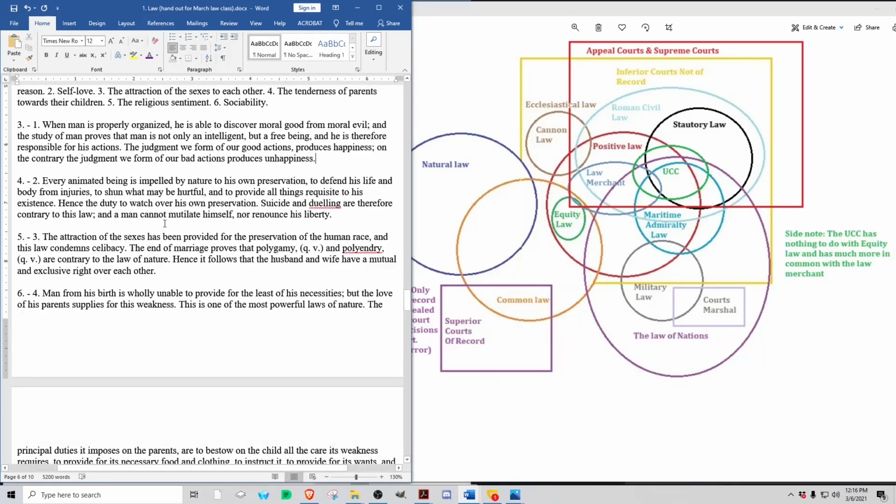Okay, to continue, number 4. Every animated being is impelled by nature to his own preservation, to defend his life and body from injuries, to shun what may be hurtful, and to provide all things requisite to his existence, right? To provide all things requisite to his existence. That's the right of self-reliance. You have the right to go out and pick berries to eat them.